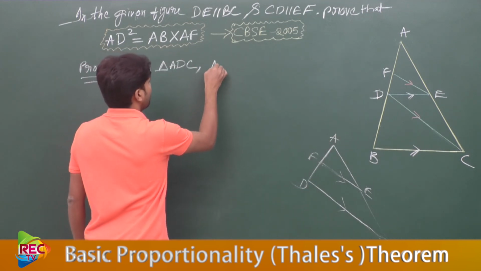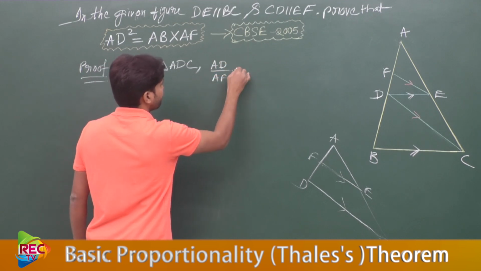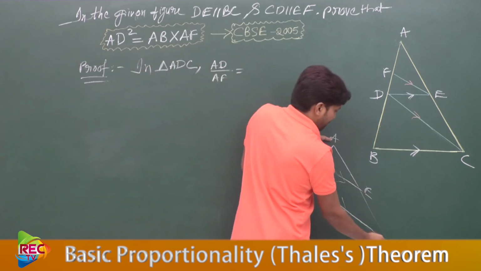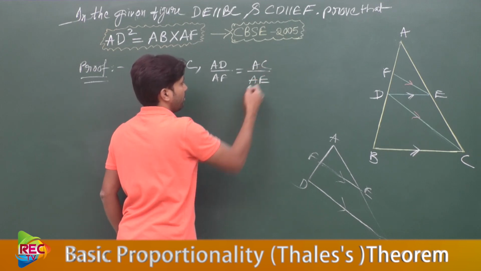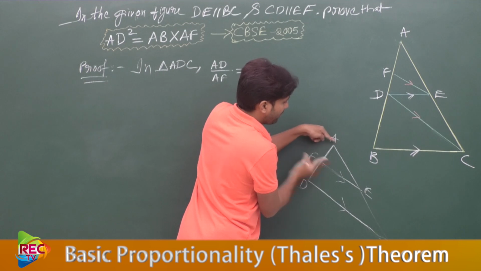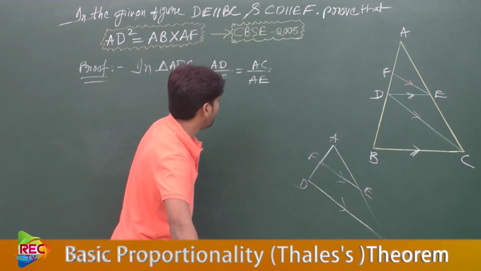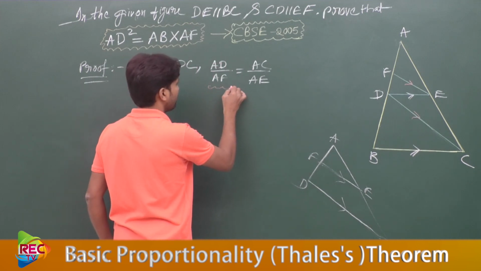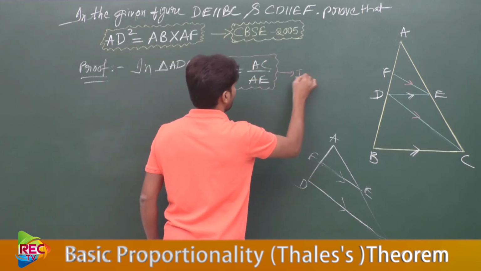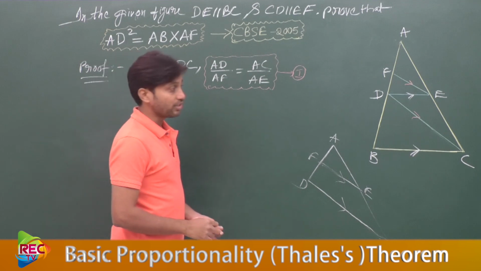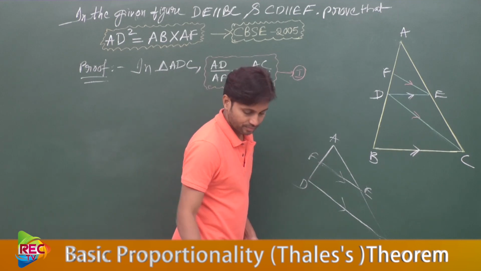So AD by AF equal to AC by AE. See here, AD by AF equal to AC by AE. We applied the corollary. So now let this be condition 1. Now let us go for another triangle. Let us take another triangle here.